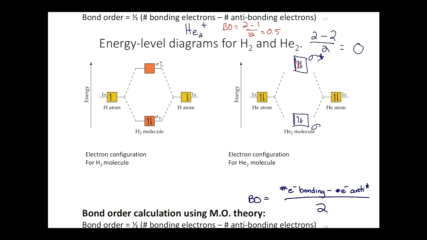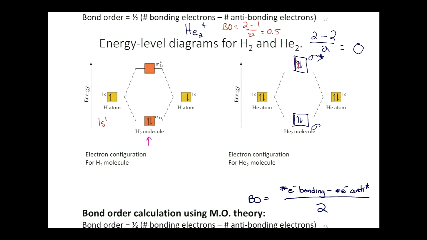You can also write electron configurations for atoms, like 1s1, an electron in a 1s orbital on a hydrogen atom. We can also write electron configurations for molecules. We do the same thing, but we want to tell the reader what molecular orbitals our electrons are in.